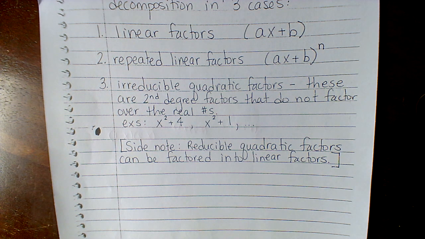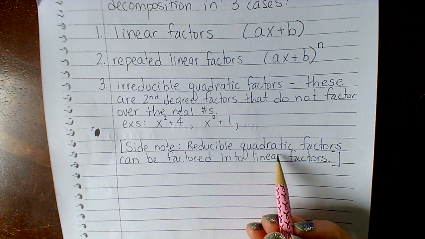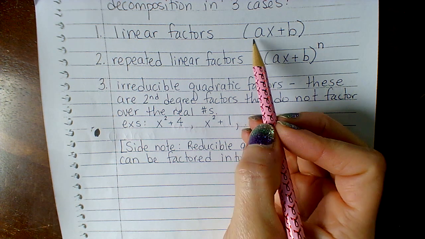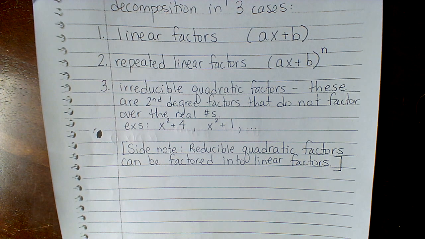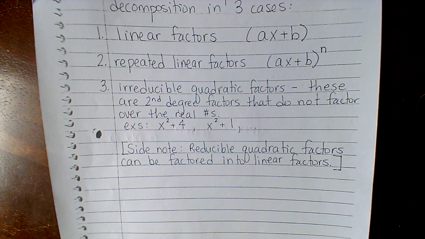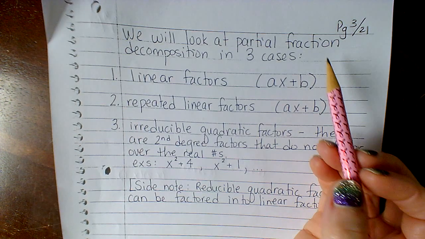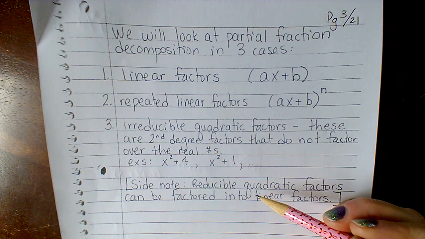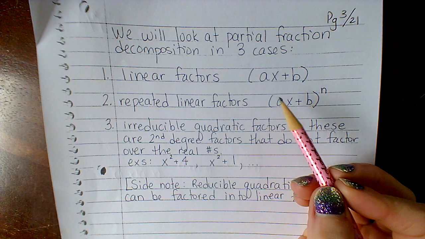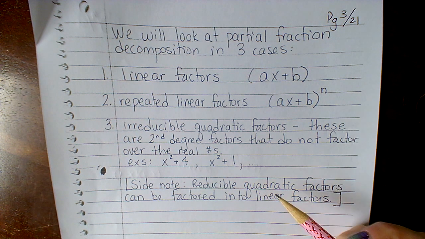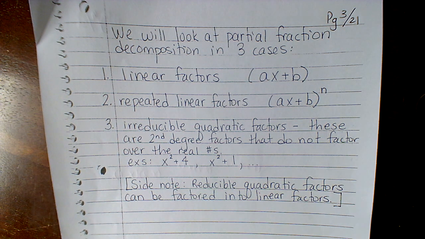All right, so a reducible quadratic is one that does factor into either linear factors or repeated linear factors. An irreducible quadratic is something that does not factor over the real numbers. So I'm going to look at this decomposition technique with these 3 cases. Okay, so you're just going to have to identify which case it is and then follow that technique for it.